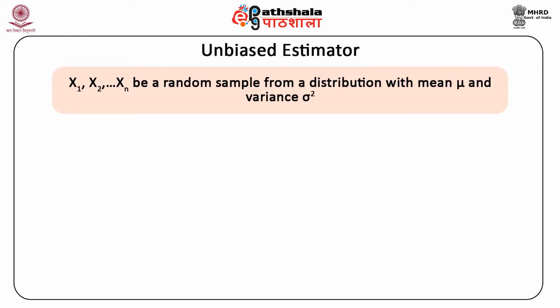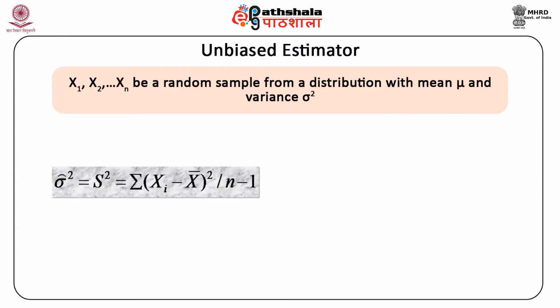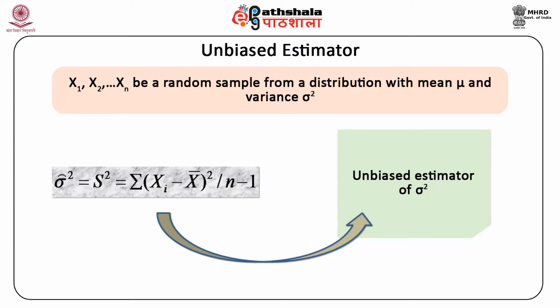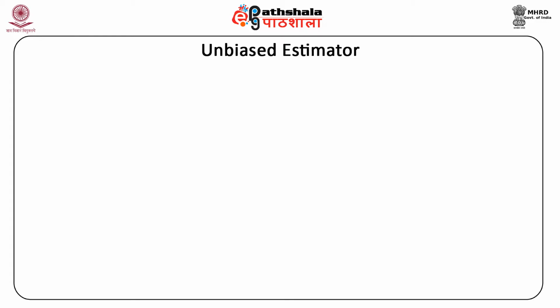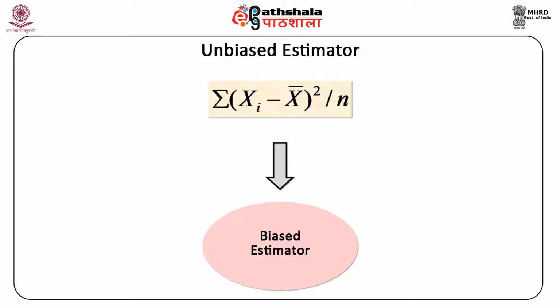Then the estimator sigma squared hat, which is equal to S squared, which is equal to the sum of (xi minus x bar) whole squared divided by n minus 1, is an unbiased estimator of sigma squared. This is to specify that the estimator with n in the denominator, that is the sum of (xi minus x bar) whole squared divided by n, is a biased estimator.